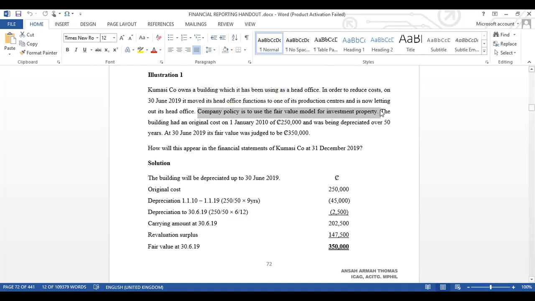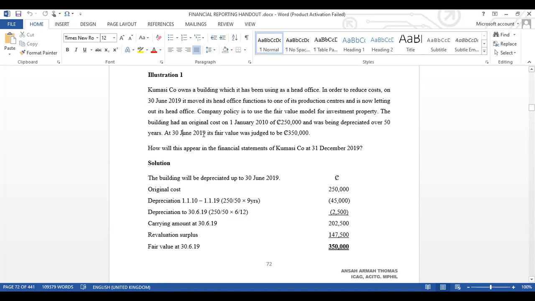The building had original cost in 2010 of 250,000 and was depreciated over 50 years.